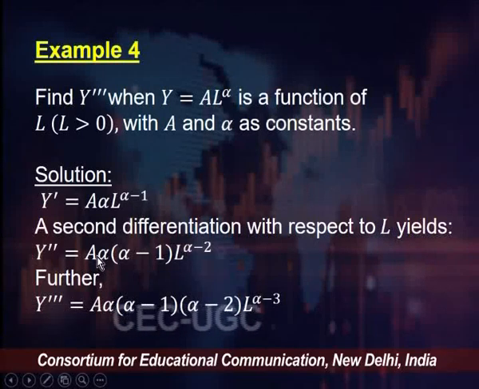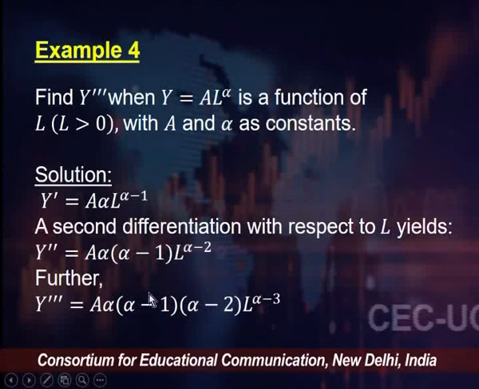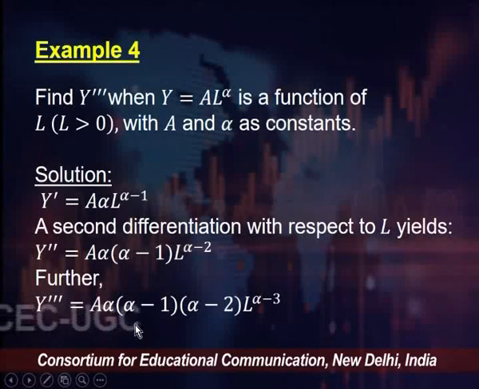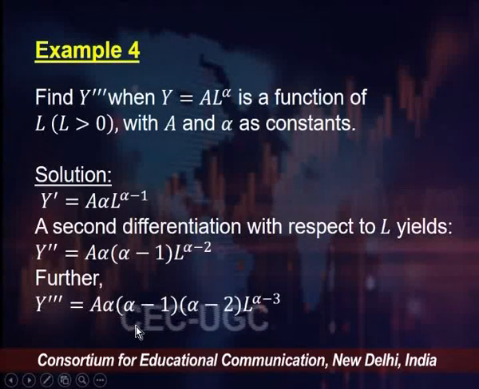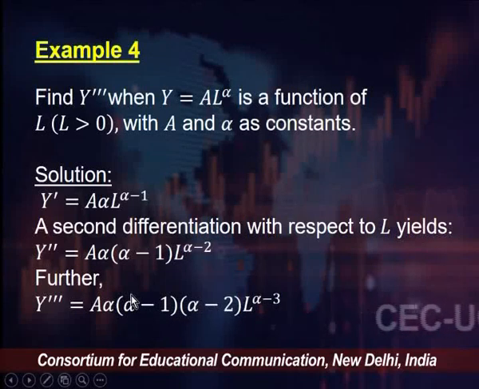When you differentiate this a second time, you get A alpha times alpha minus 1 times L to the power alpha minus 2, and then the third derivative would be A times alpha times alpha minus 1 times alpha minus 2 times L to the power alpha minus 3. I hope you've got a sense of how to go about calculating higher order derivatives.